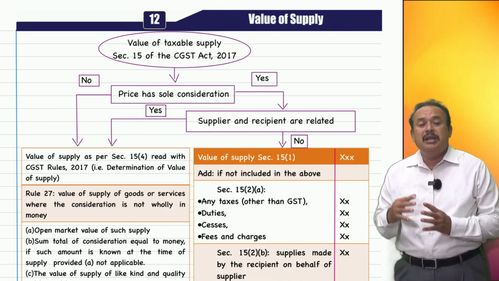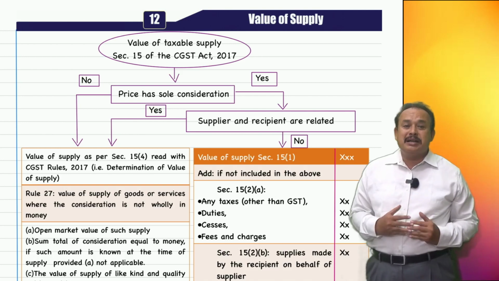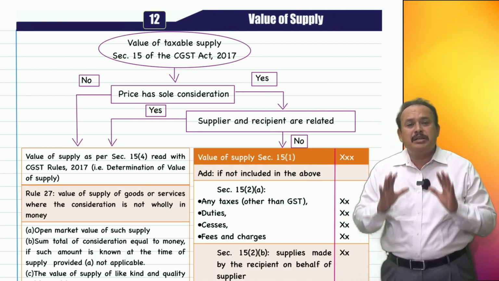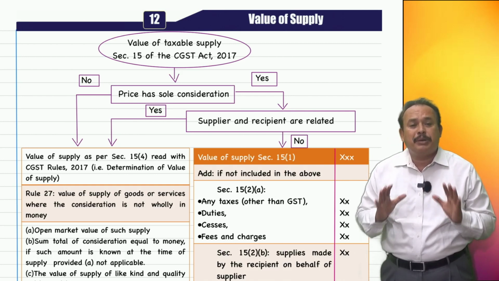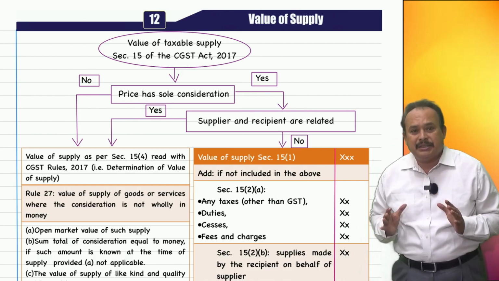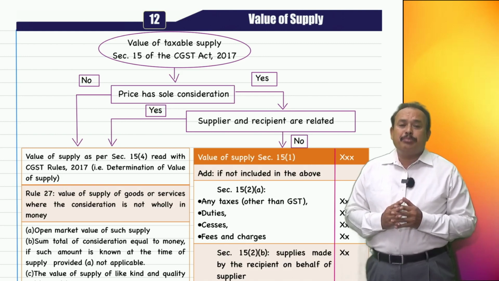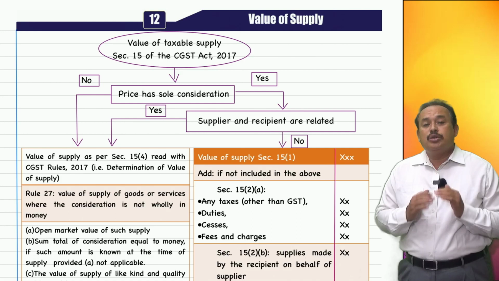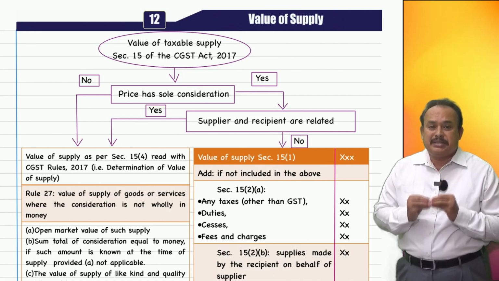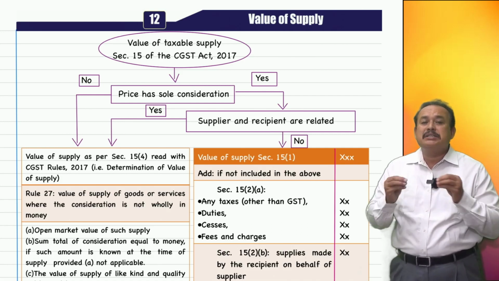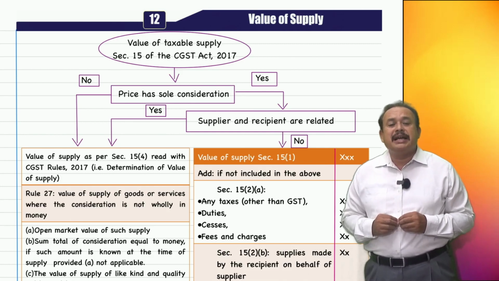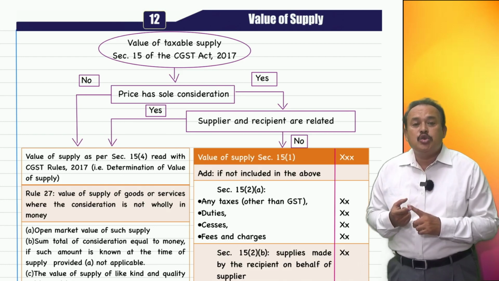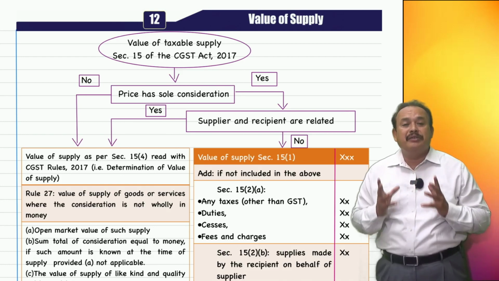So it should be reasonably considered as the price prevailing in the market, followed by the supplier and the recipient should not be related persons, should not be distinct persons. If that is the case, one can refer to section 15 subsection 1 to subsection 3 to arrive at the value.